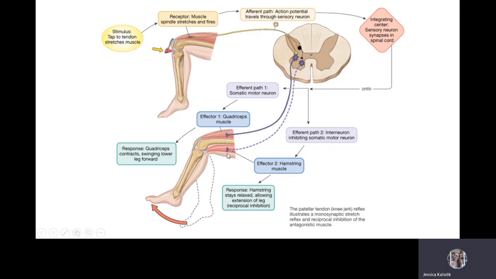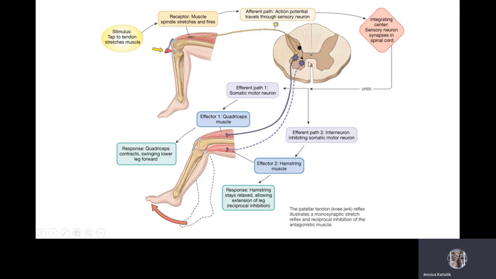But we can see that there is going to be something happening with the hamstring muscles that are antagonistic, or antagonists, to the quadricep muscles. Here, then, a sensory neuron with this collateral is going to synapse with an interneuron, and this interneuron will actually inhibit the motor neuron that goes to the hamstring muscles.